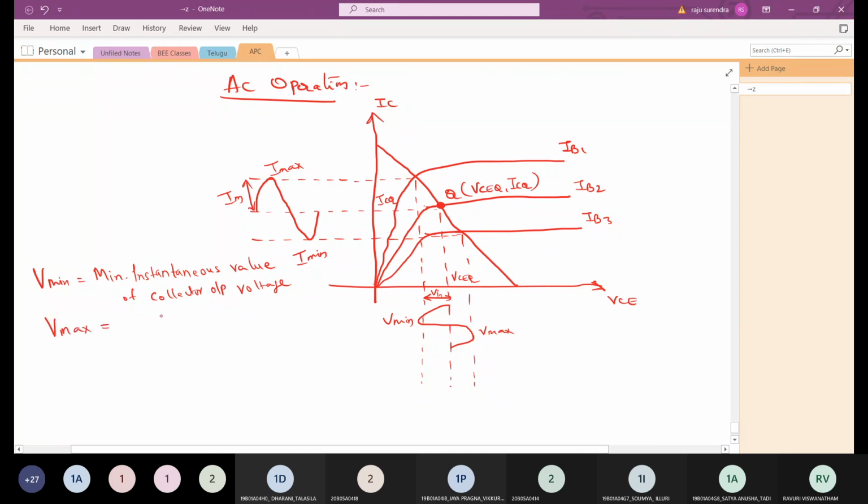Next, V maximum, which is the maximum instantaneous value of collector output voltage.